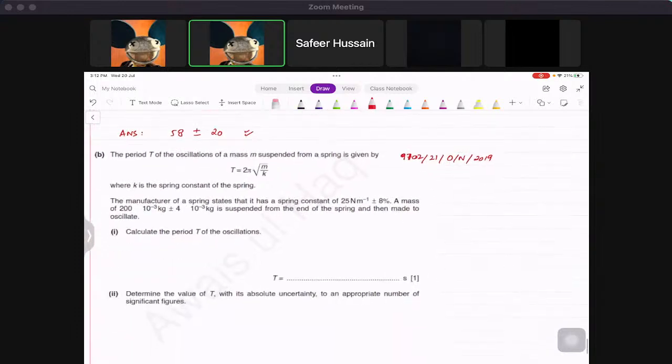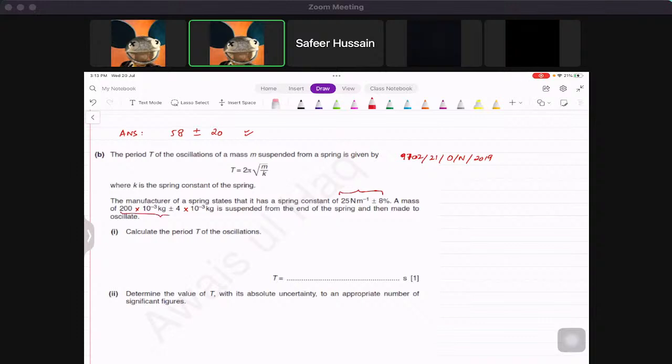In the first question, basically they have given you an equation where t is oscillation, right? Now they say that the manufacturer of spring states that the spring constant is this, with percentage uncertainty is given, and an absolute uncertainty is given for the mass.